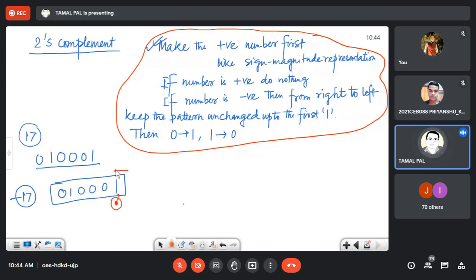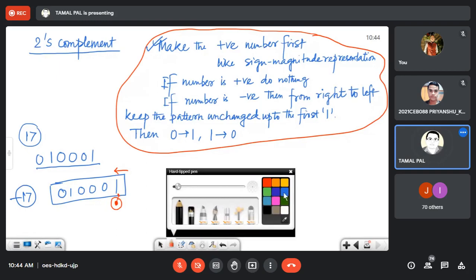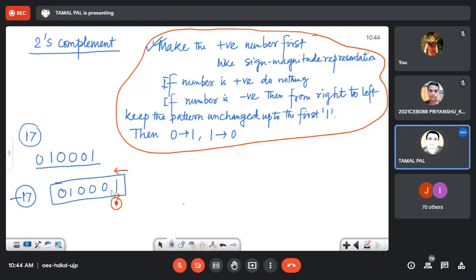So up to the first one from right to left is this one, and it should be unchanged. Then 0 by 1, 1 by 0. That means 1, 1, 1, 1, 0 and 1. This is the 2's complement representation of minus 17.